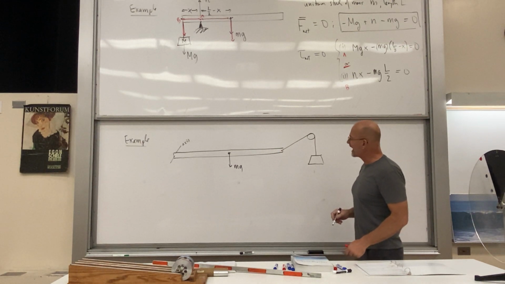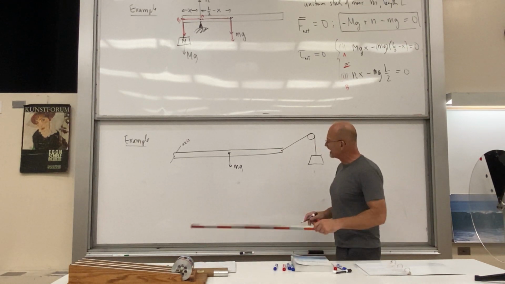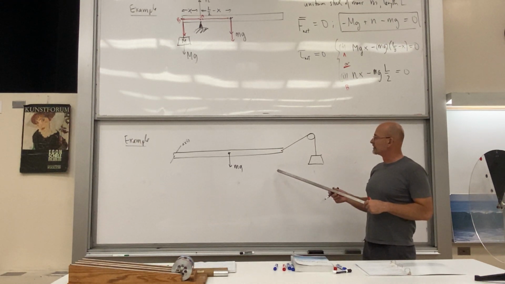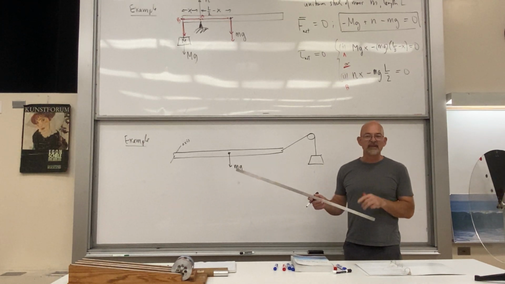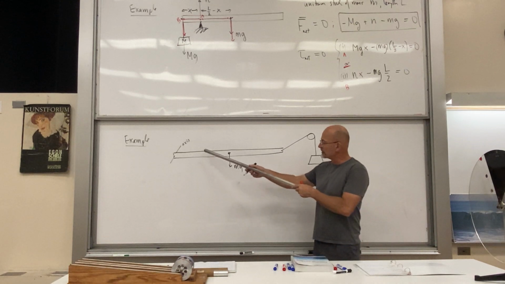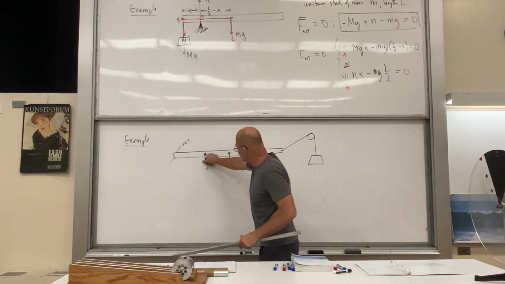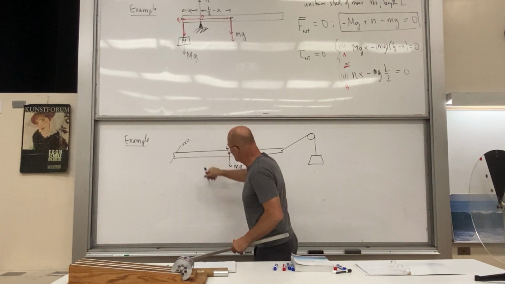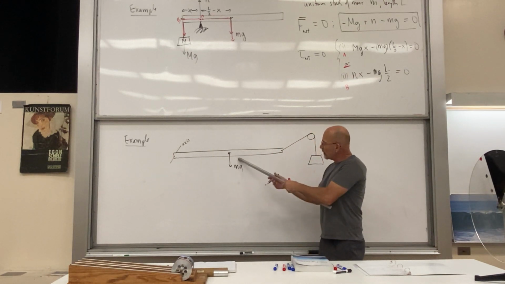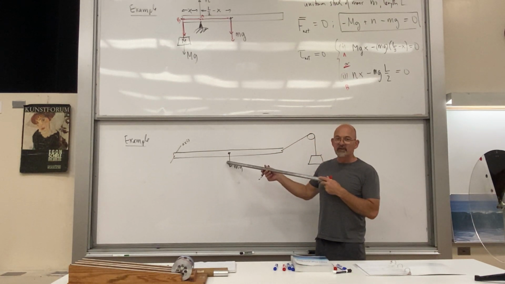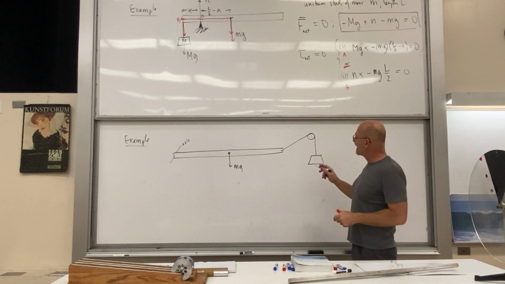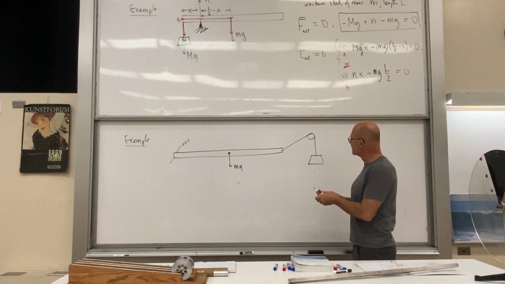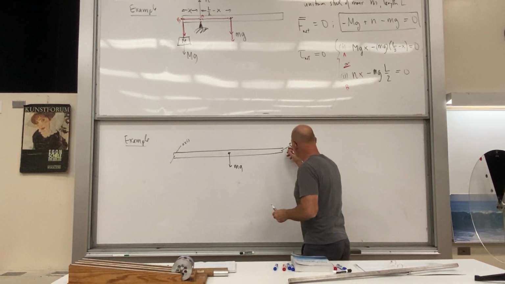Just to make it more tricky, we could hang more than one mass from here. I'm not going to do that on this problem because it just adds a bunch of torques. But I can hang masses from different places here. This one, of course, we know is there because it's the center of mass of the stick.